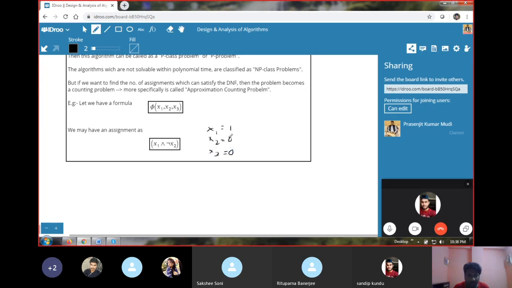So this is a possible assignment 1 0 0. My question is whether 1 0 0 is satisfying a DNF based on only 3 Boolean variables x1, x2, x3. In that case, how can we answer?